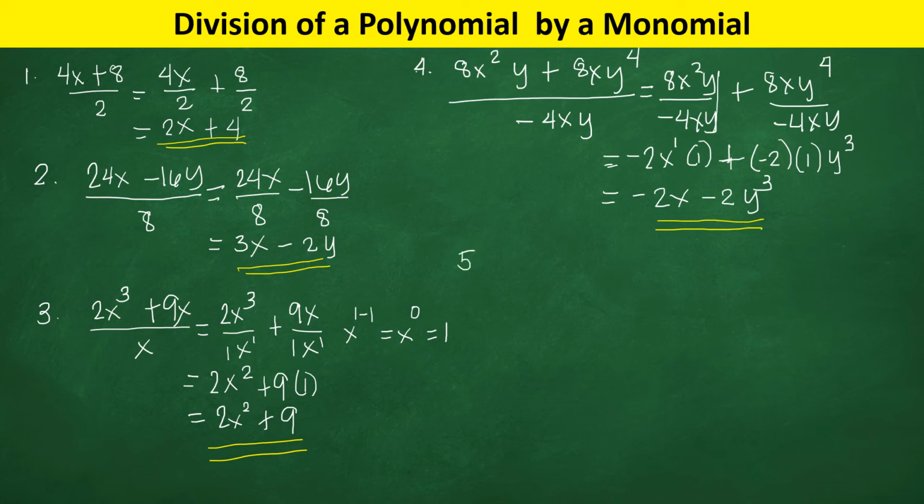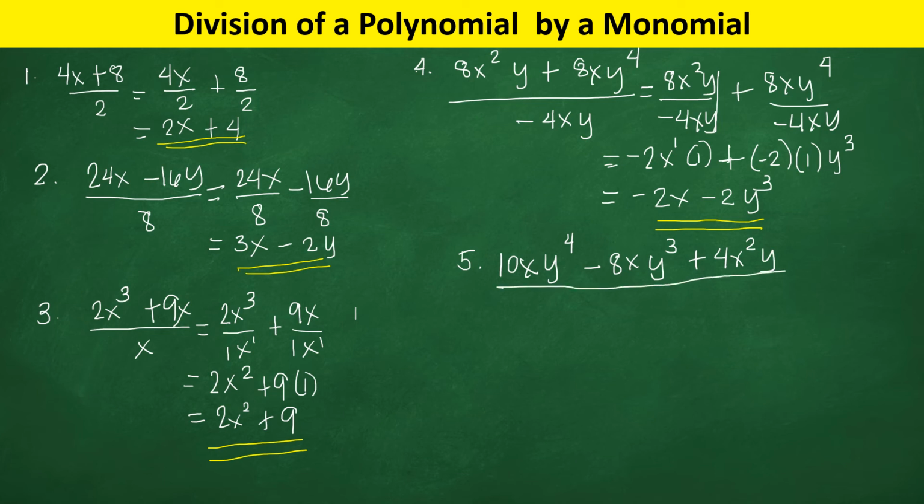For our next example, if we have 10x y to the fourth power minus 8x y cubed plus 4x squared y all over 2xy. Again, pwede natin silang i-break down para mas madali ang dividing.